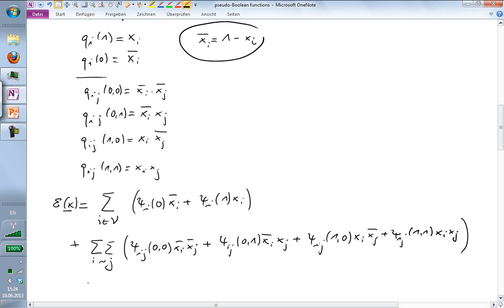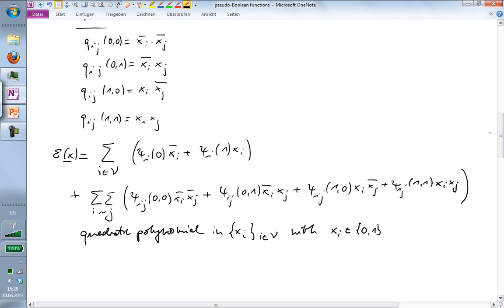And it is in this case a quadratic polynomial in my points xi, with Booleanity constraints, so xi is in {0, 1}, or the way Hammer preferred to write it, xi is in B. So we have here Booleanity constraints.